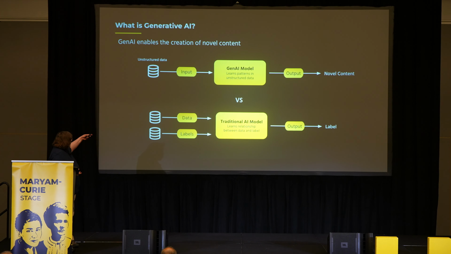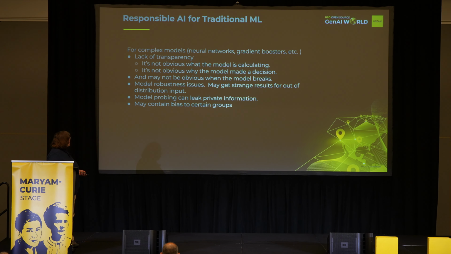With the GenAI model, the main difference is that it's probably using a specific neural network called a transformer, and it's usually a much larger scale model than something that you'd use for traditional AI. But in either case, you're dealing with a situation where you have a really large, complicated model, and you're getting a prediction out of that model, but it's not necessarily clear what the model's trying to calculate in order to make the decision.